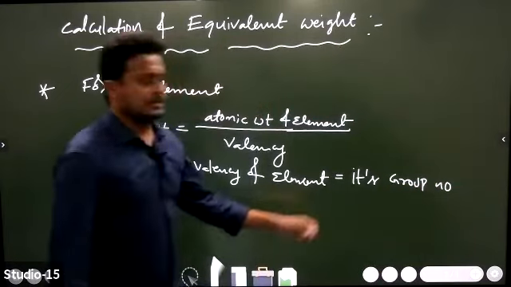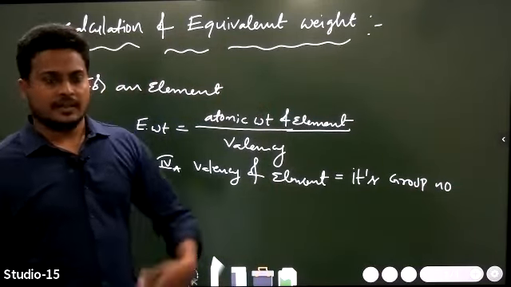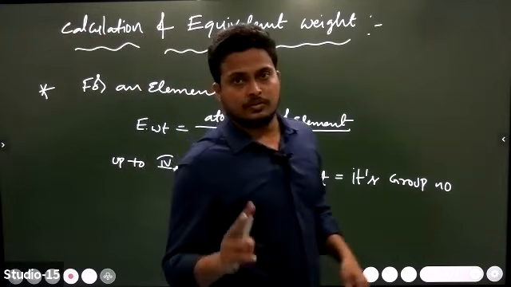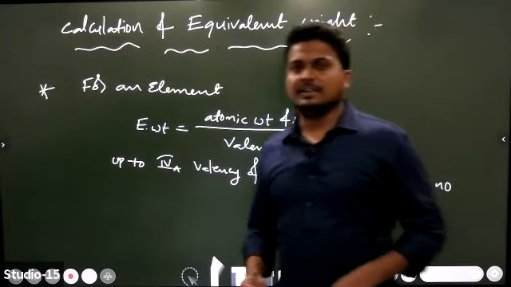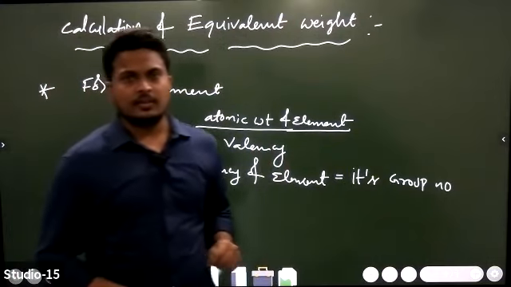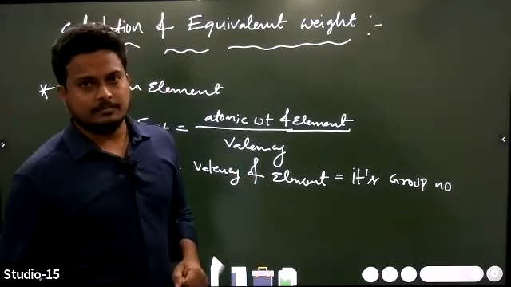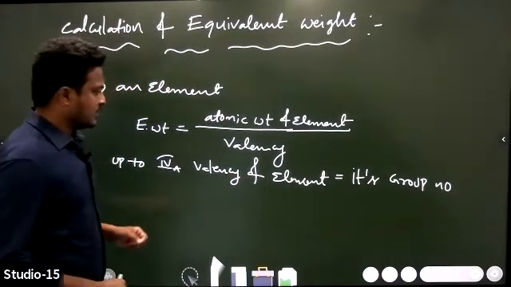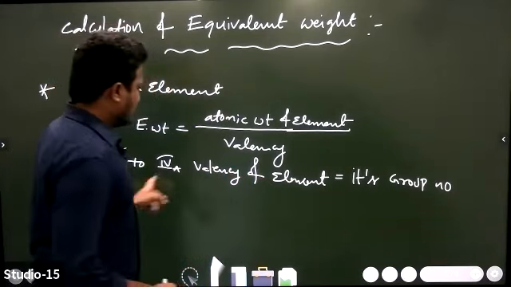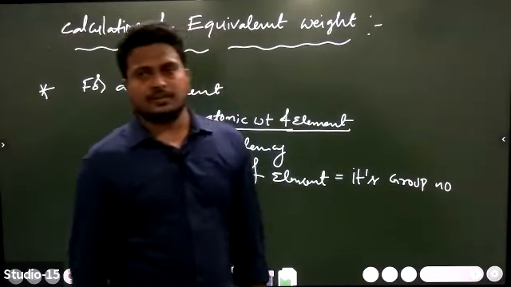For all 1A group elements, valence is equal to 1. For second A group elements, valence is 2. For third A group elements, valence is 3. For fourth A group elements, valence is 4. Valence is nothing but the combining capacity of an atom. Up to fourth A group, valency is equal to its group number.